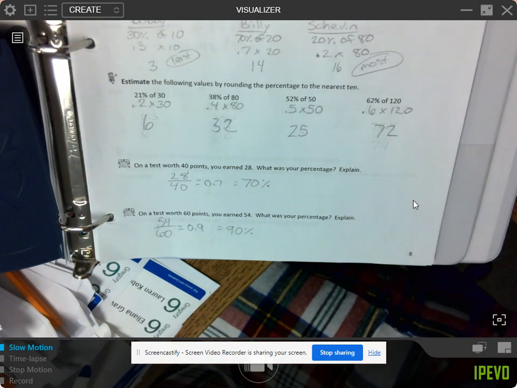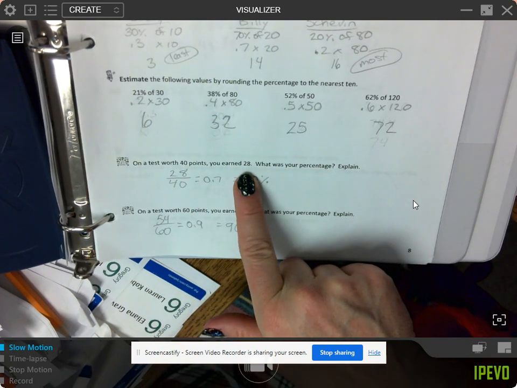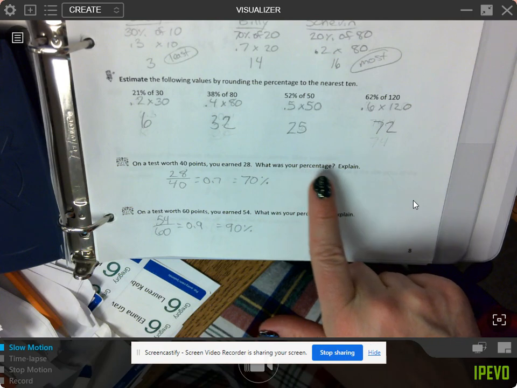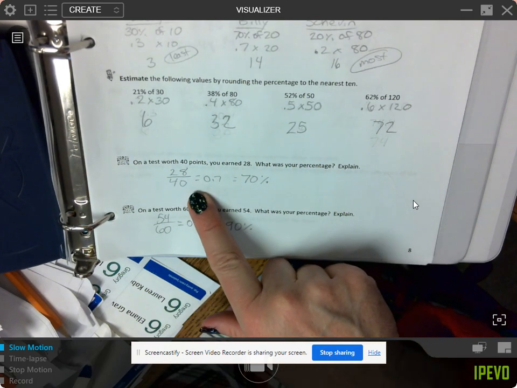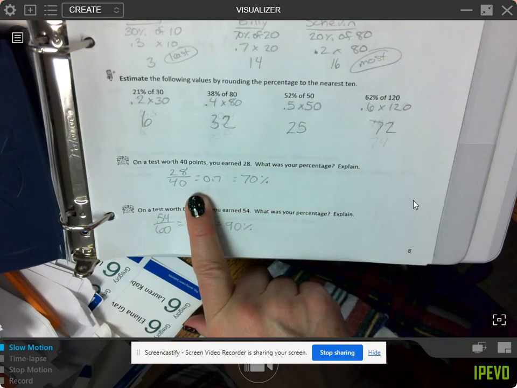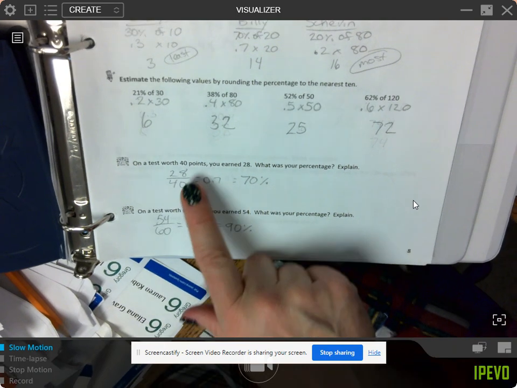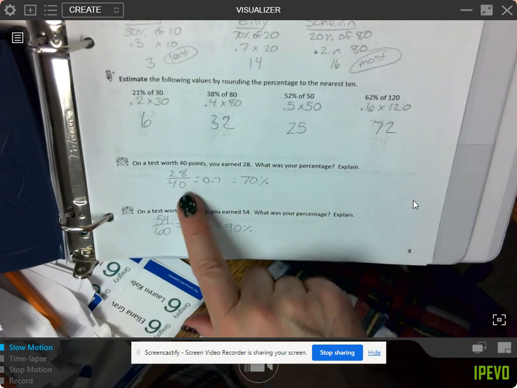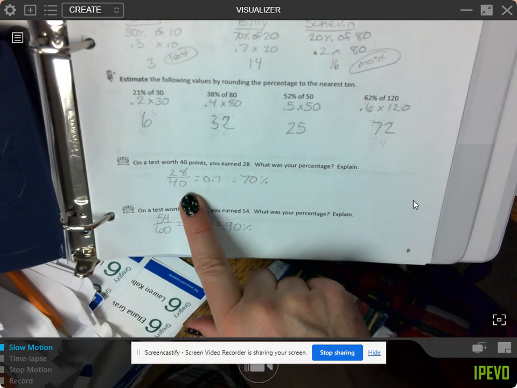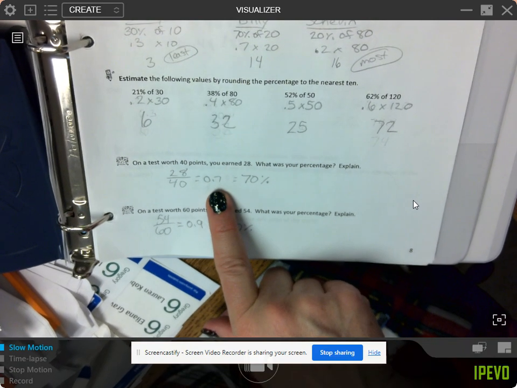All right, let's look at the last ones. On a test worth 40 points, you earned 28. What was your percentage? So 28 divided by 40. So I think it was Marina was doing this in Khan Academy and we weren't sure what to do. This is the same setup. That part, 28 out of the whole. 28 divided by 40 equals 0.7, which is 70%.